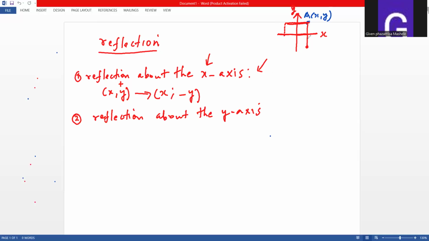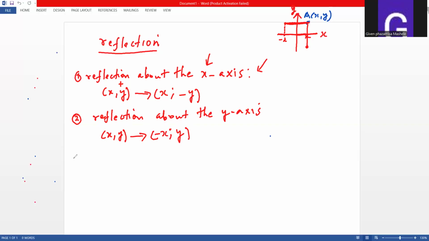It is the x. If the x was positive, now it will become negative, but the y value did not change. So this is called reflection about the y-axis.